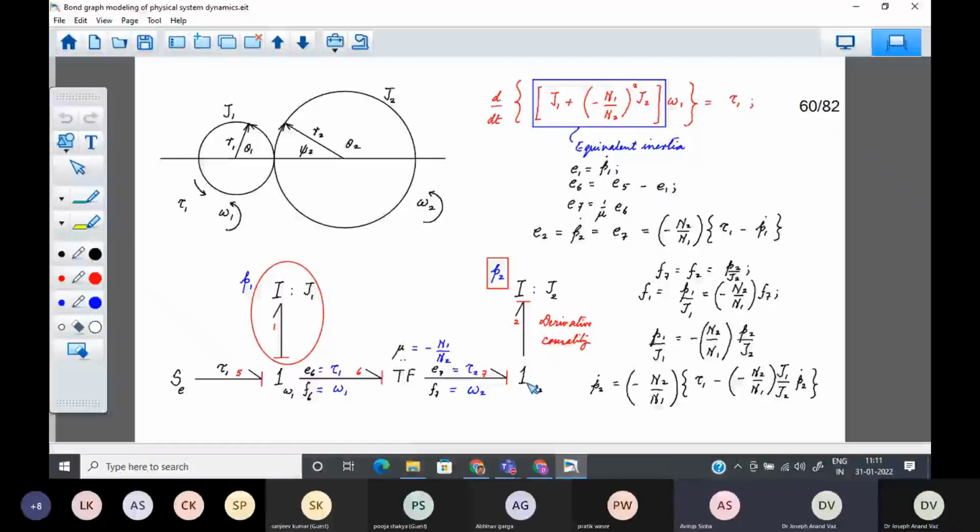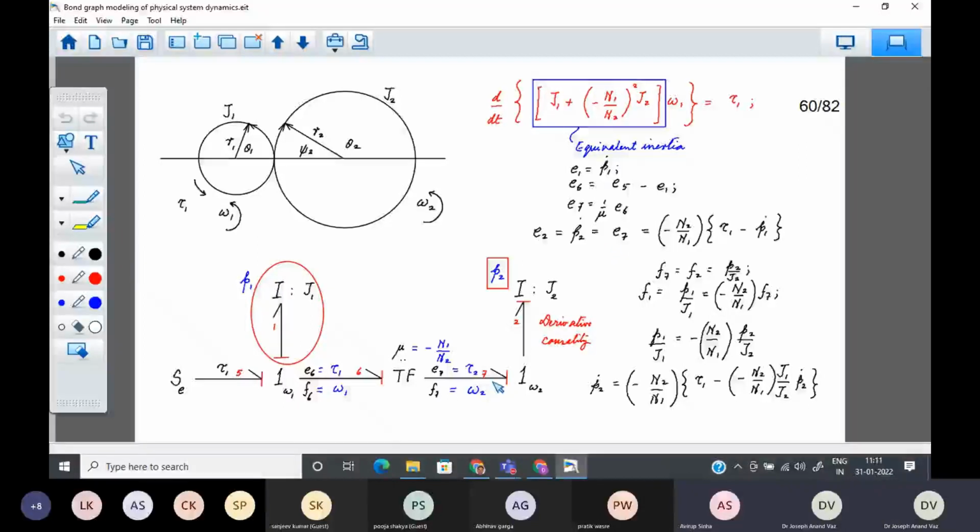So the procedure for the derivation of system equations remains the same. But when you do this substitution, here you will find the rate of change of this angular momentum. Okay. What does this system give to this? It gives the rate of change, it gives effort. Effort 2 is the rate of change of this angular momentum. And this is equal to effort 7.